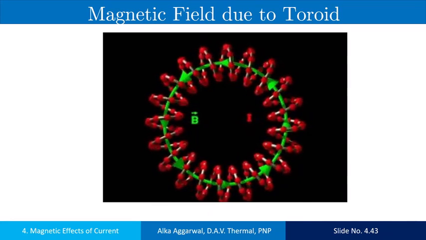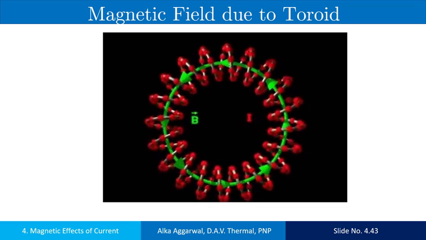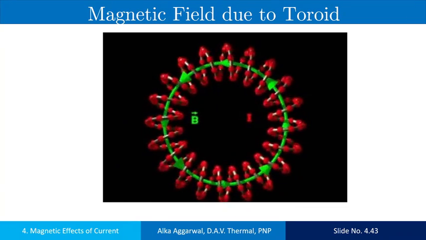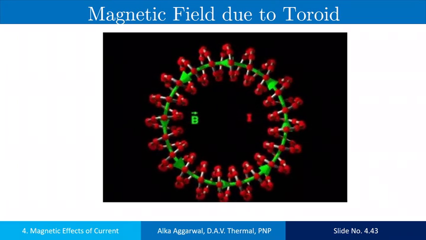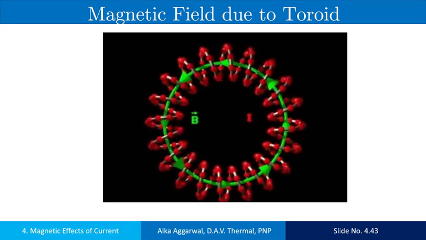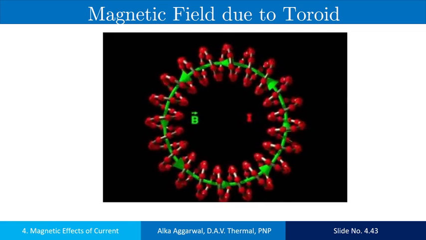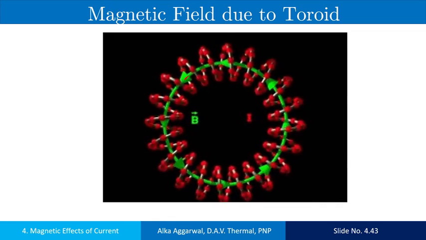Red color is the toroid and green color is the magnetic field inside it. Red moves in the direction of the current and the green color is the direction of the magnetic field. This one is the direction of the magnetic field.